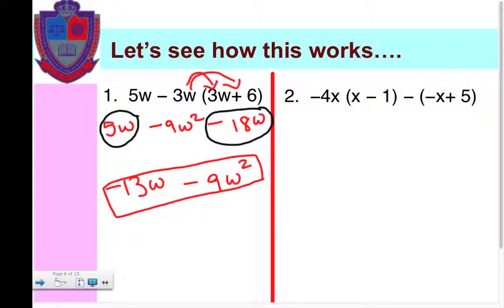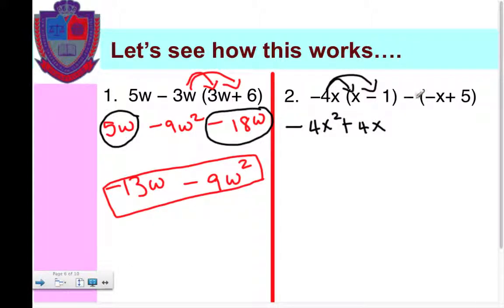Let's go to number 2. Remember again, anytime you see parentheses, try to distribute them. This becomes, let's see, what do we have here? This becomes negative 4x squared plus 4x. Negative times a negative is a positive.